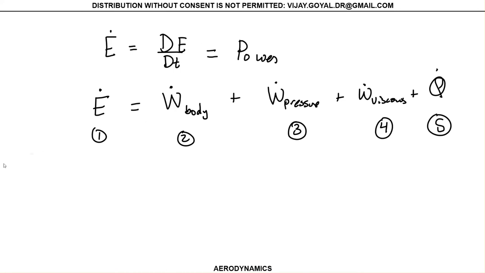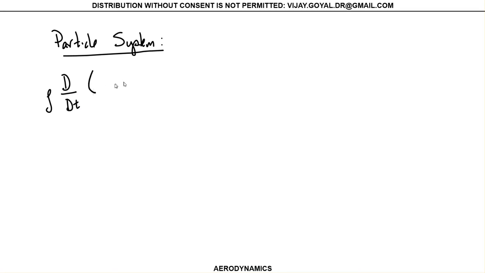In the particle system, this is how the equation looks: D over Dt of rho times E plus v squared over 2 is equal to the body force dot product of velocity times rho, minus the divergence of p v.